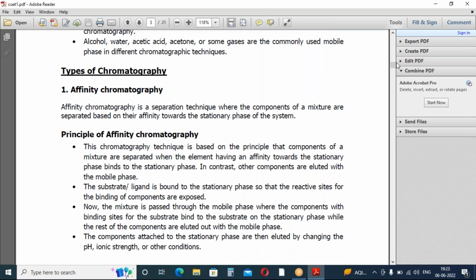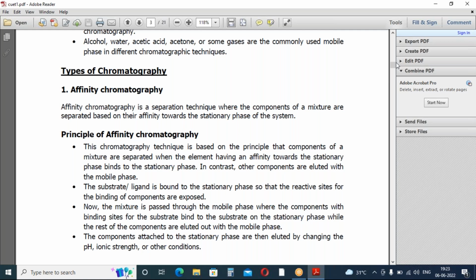Okay, Ankit, good. What are the molecules or components mainly used in affinity chromatography? Special molecules present in the mobile phase are attracted to the stationary phase, namely the ligands or the substrate.